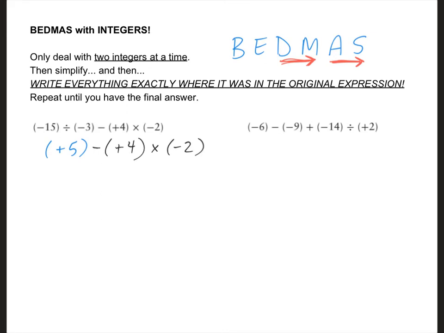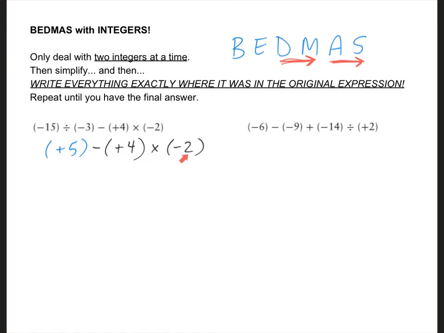Next, I'm going to look at what operations I have. I have subtraction and I have multiplication. BEDMAS tells us we got to do multiplication before subtraction, so I'm only going to deal with these two, and don't worry about this sign in front, just focus on from here over.